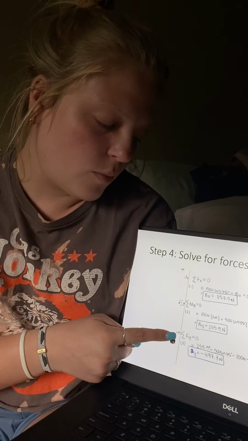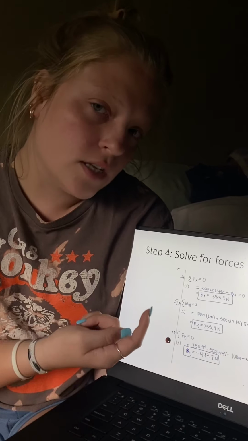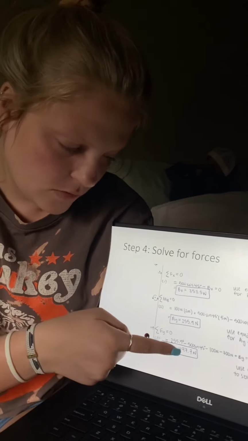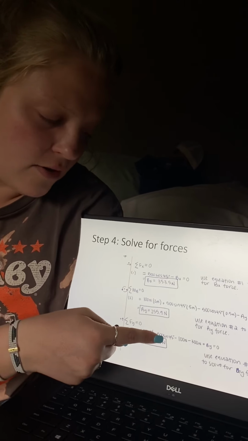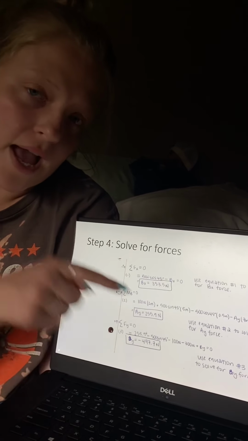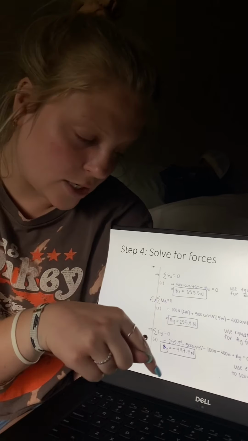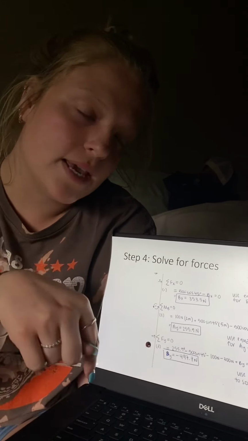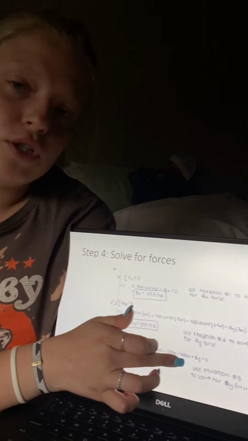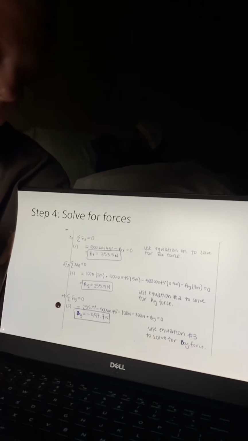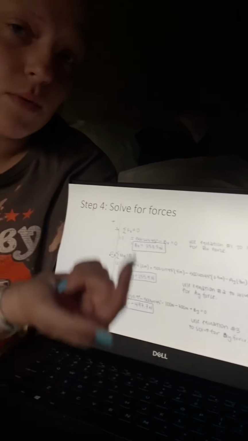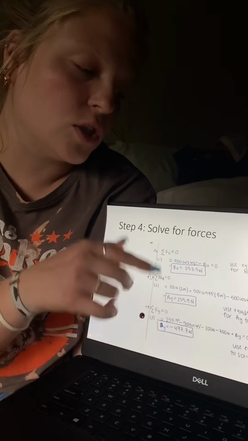As I put here, we have our positive direction upwards, so all the ones downwards are going to be subtracted from the positive. So I have minus 500 sine 45 degrees from that downward angled force that I showed you in the beginning, minus 100 newtons, which is in the middle of the beam, minus 300 newtons, which is at the end of the beam on pin B, and then plus BY, because BY is going to be acting in the upwards direction, so we're adding it.